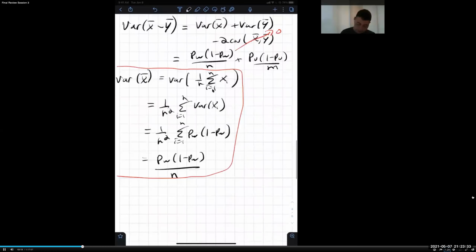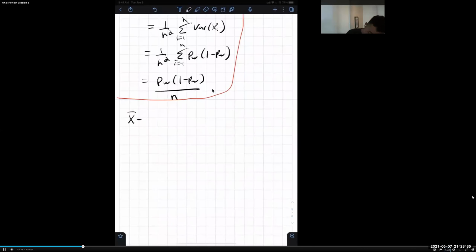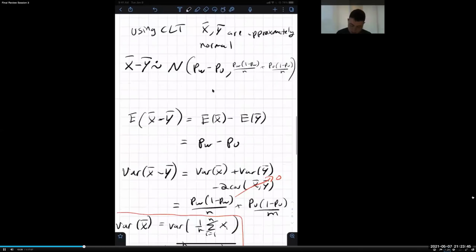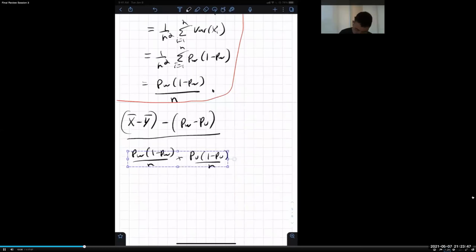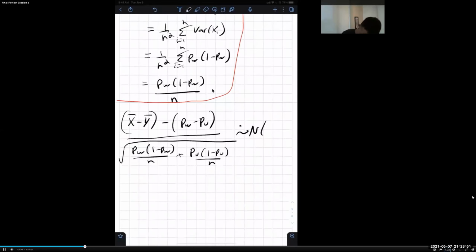Using this, we have that x bar minus y bar, subtracted by its mean, which is pw minus pu, and divided by the square root of its variance, is going to be approximately normal 0, 1.